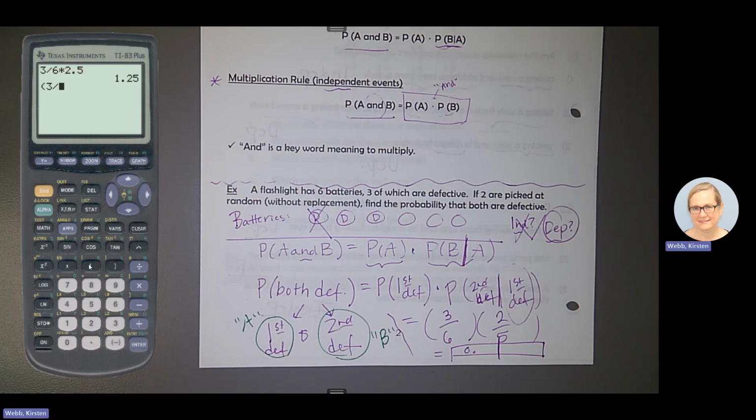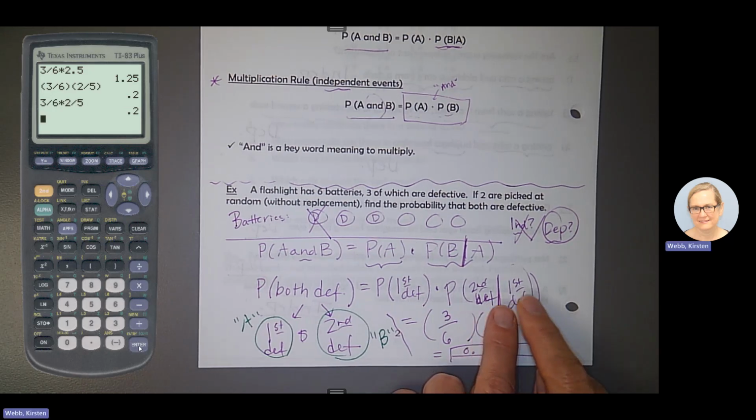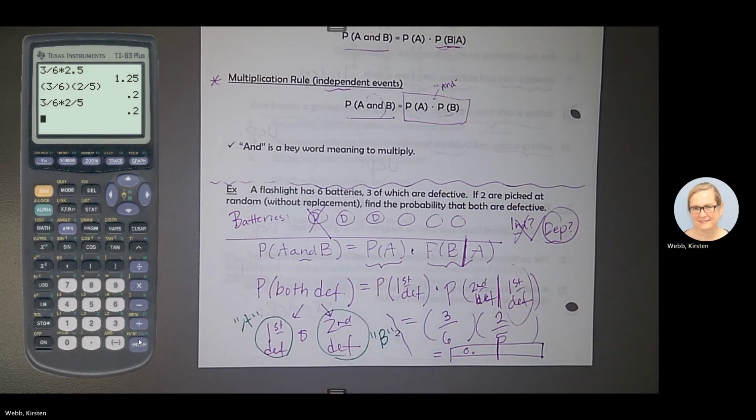Or I could do it with parentheses. So for the 2/5 one, is it because we have to assume that the first one we did pick a defective one? That's right. Yeah. Because it says B given A, so whatever A was, we need to assume that did happen. Okay. When we find the next probability.